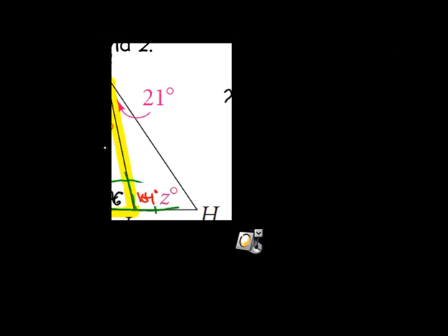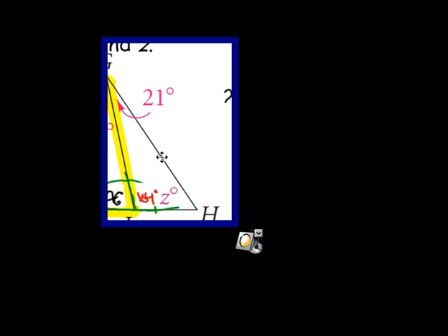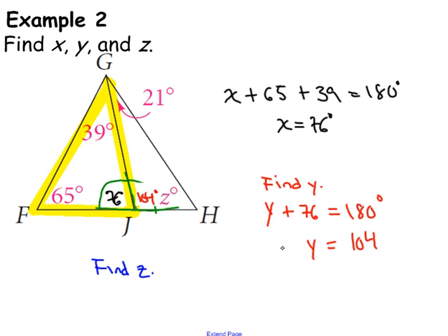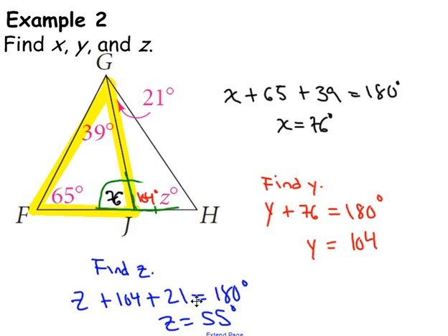So what do I know about the 21 degree angle here, this 104 degree angle, and this angle here that's labeled z degrees? I know that they have to add up to 180. So I can say z plus 104 plus 21 equals 180 degrees. And when I solve for z, I get 55 degrees.